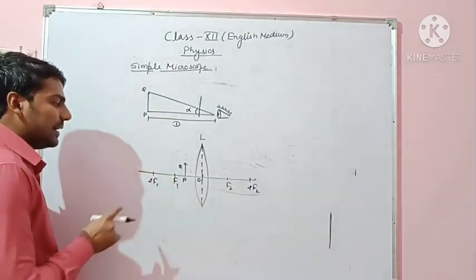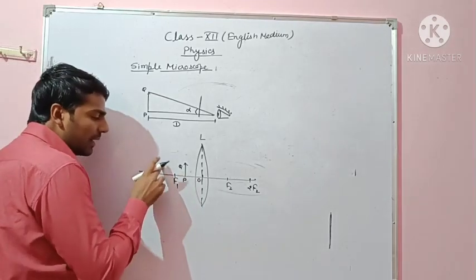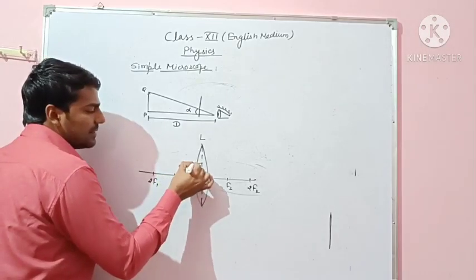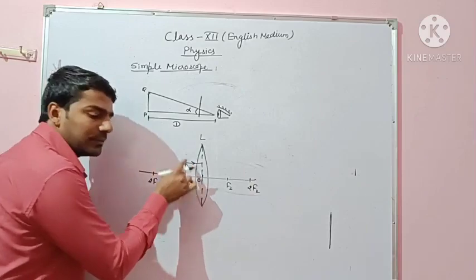A light ray is incident from the object parallel to the main axis.